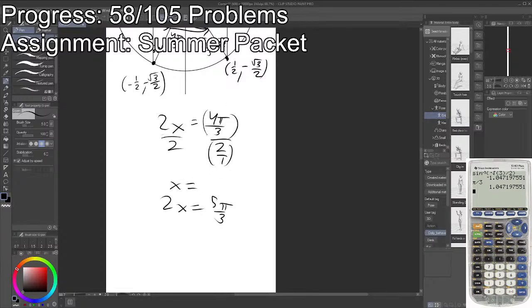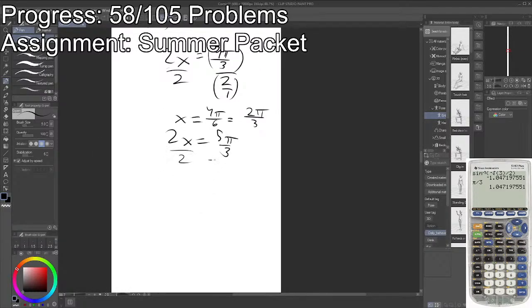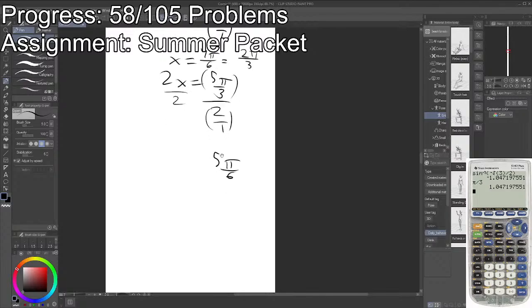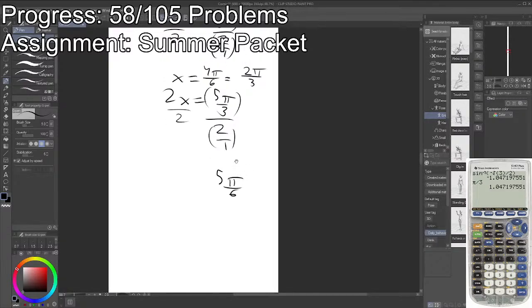X equals 4 pi over 6, or 2 pi over 3. Then for this, 10 pi over, wait no, 5 pi over 6, and that doesn't simplify.